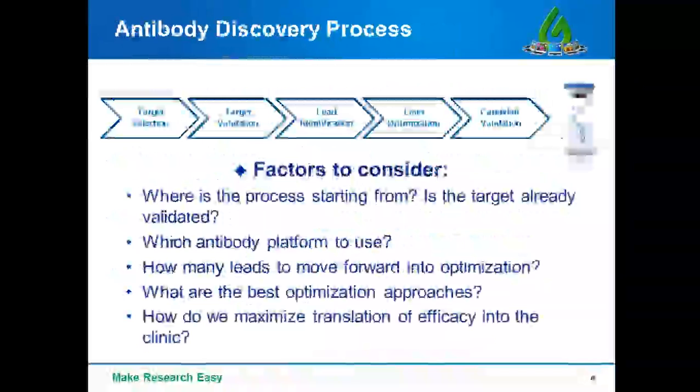Cross-species reactivity of the antibody to antigen counterparts in mouse, rat, and monkey will be helpful for downstream validation experiments. Antibody binding selectivity over closest family members of target will be important. Of course, good affinity is defined as better than 1 nanomolar, and in vitro potency defined as an IC50 range of 10 nanomolar or better will be ideal.